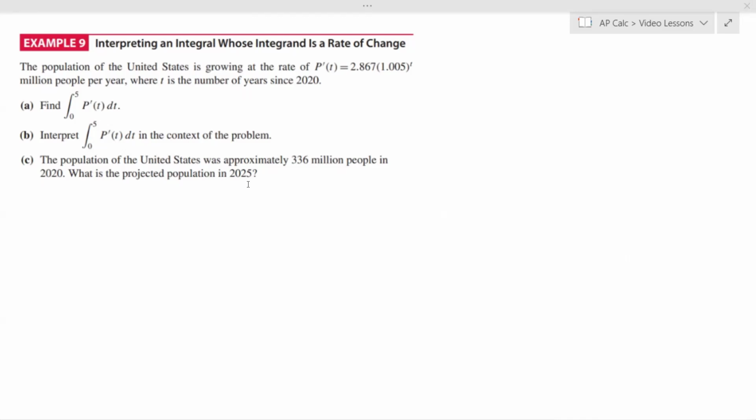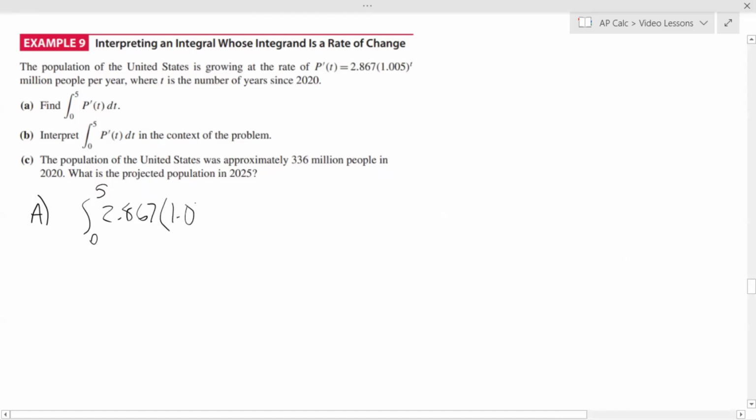So using the fundamental theorem of calculus, we can do this. So part A, the integral from 0 to 5 of 2.867 times 1.005 to the t dt is equal to, well, we have that constant there, so we can leave that there.